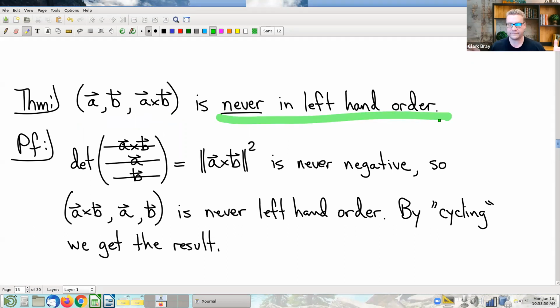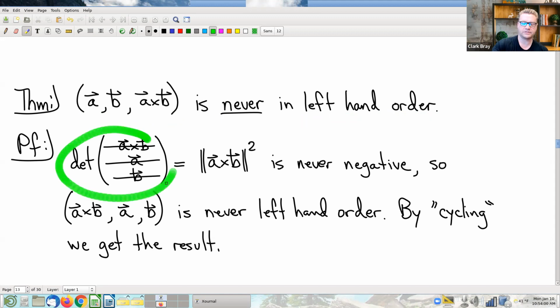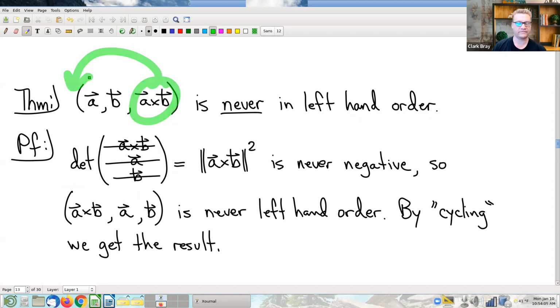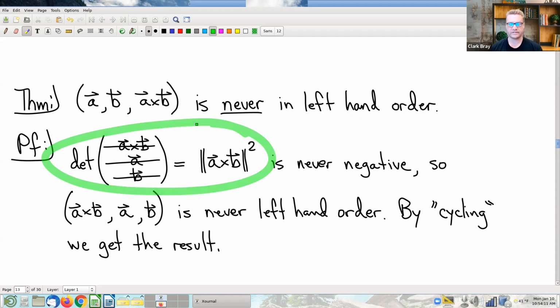It's an easy fact to prove, because how would I decide on this order? Well, I'm going to start by computing this determinant. If you want, you can think of it as taking this and cycling it over to the left side. Let's think about this determinant. That determinant, as we saw above, same algebra, is a magnitude squared, which is never negative. And so therefore that's never a left-hand order.